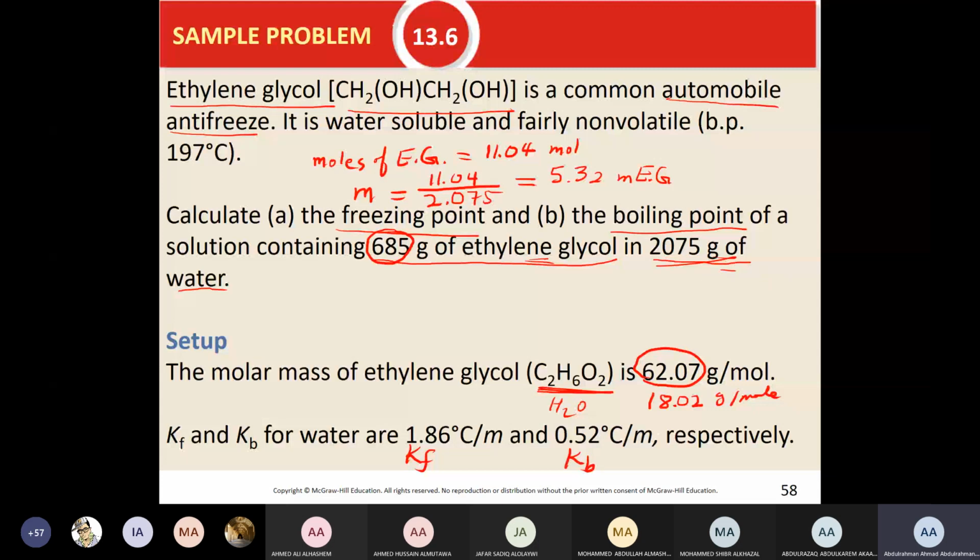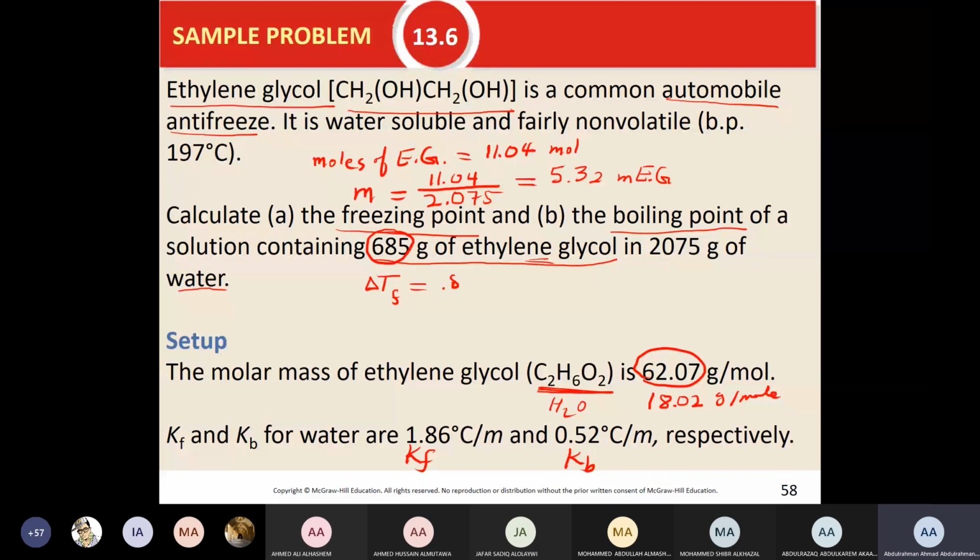Now, is this easy or difficult? Easy one. Very easy. So what will be now? What will be delta T, freezing or boiling? Let's say delta T freezing. What does it equal to? Don't forget the law.